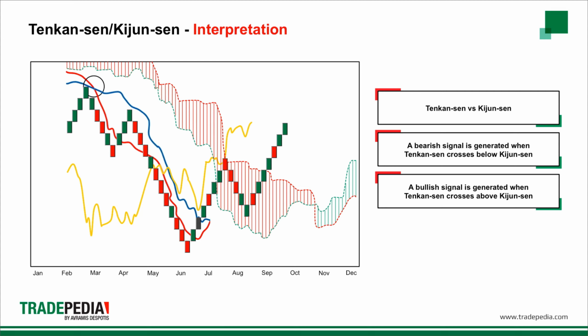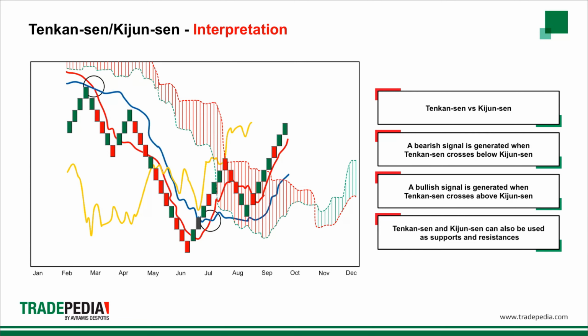Also, like moving averages, you can use them as dynamic support and resistance areas. This is how we can interpret the Tenkan Sen and Kijun Sen. Like we covered just now, they can be used as support and resistance as well.